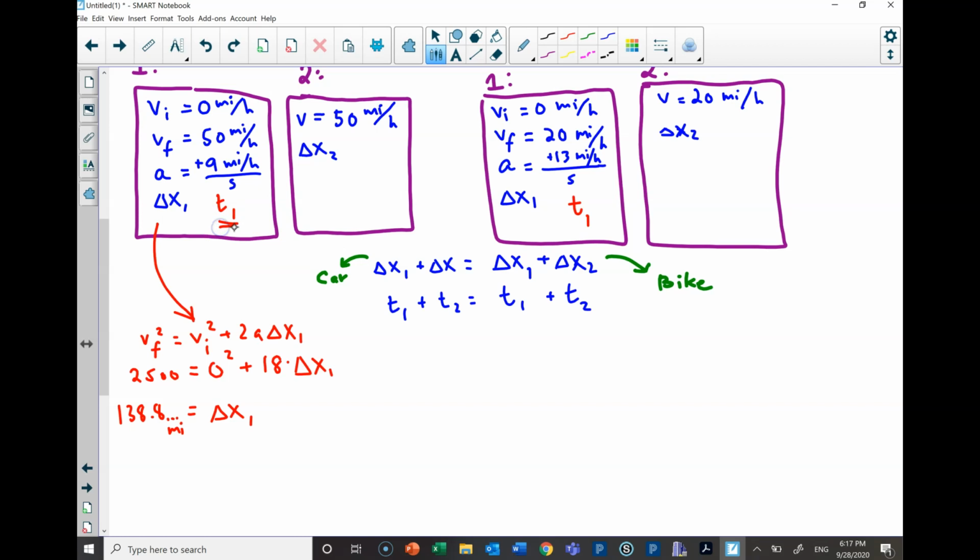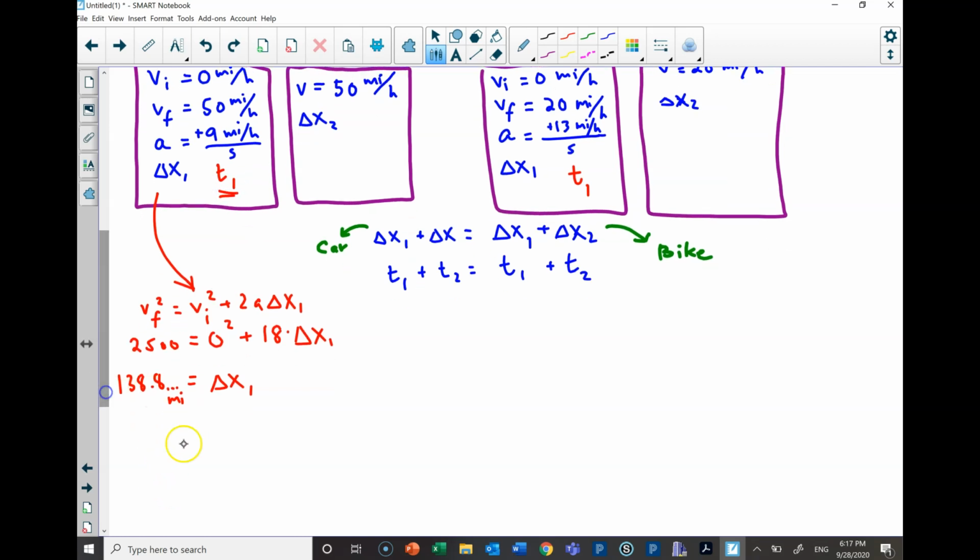What else can we find? We can find the time. Pick an equation. The one that I'll use is acceleration is Vf minus Vi over t. If you cross multiply both sides by t, you get this. To finish isolating time, we have to divide both sides by acceleration.